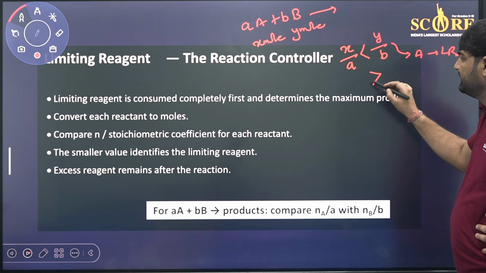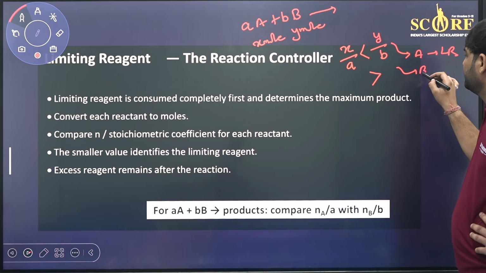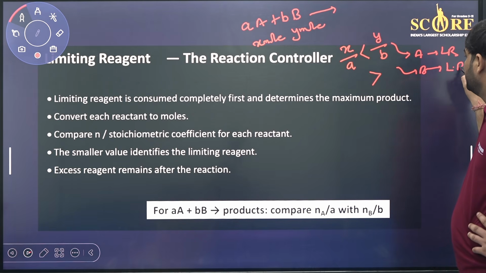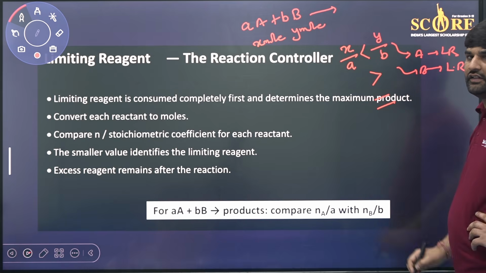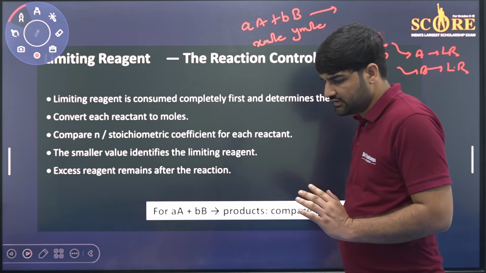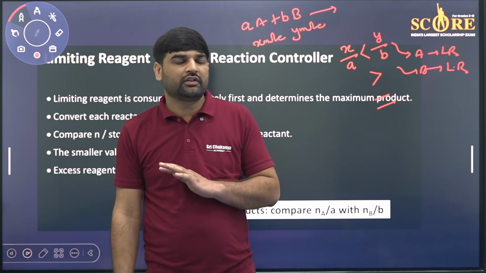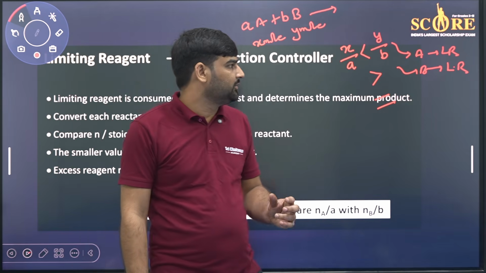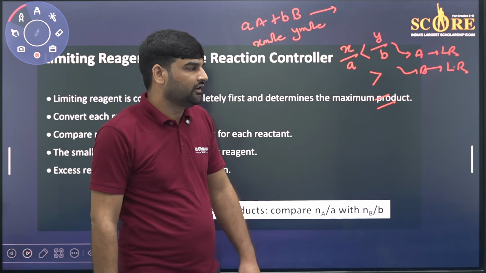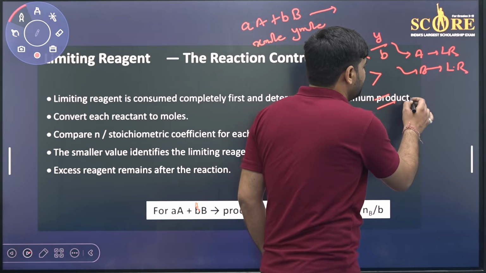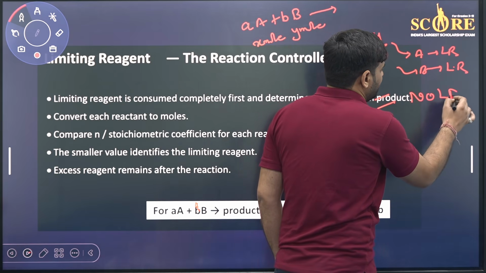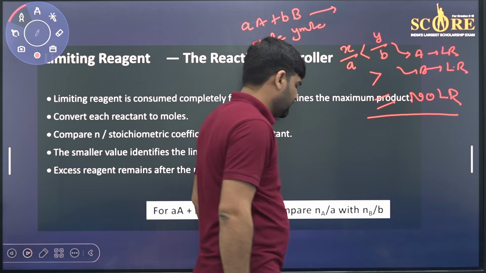If they are equal, then A and B both will be consumed simultaneously. It means no reagent will be consumed first. It means no LR. If X upon a equals Y upon b, then you have to tell that there is no LR.